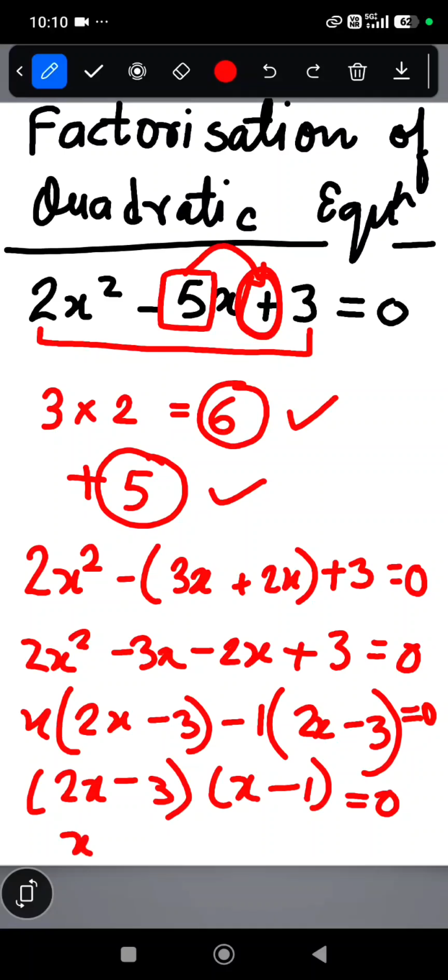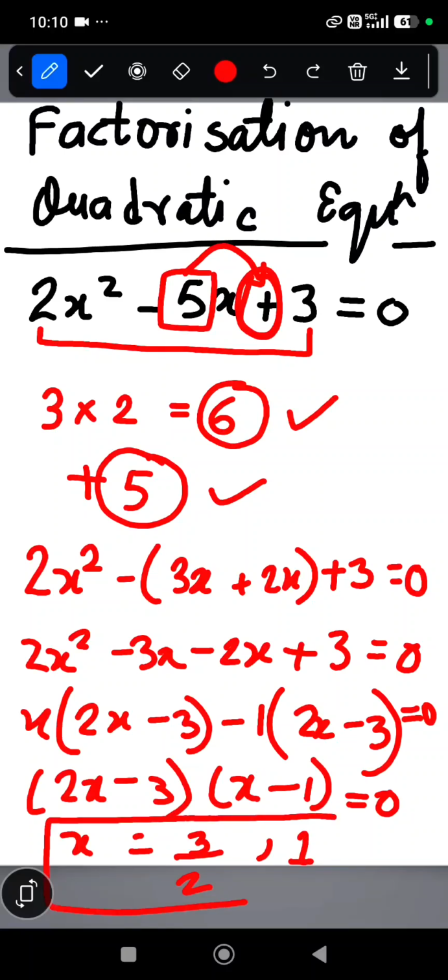Now x equals what? The two factors are 3 by 2 and positive 1. So these are the solutions of the quadratic equation 2x² minus 5x plus 3. This is called the middle term split method.